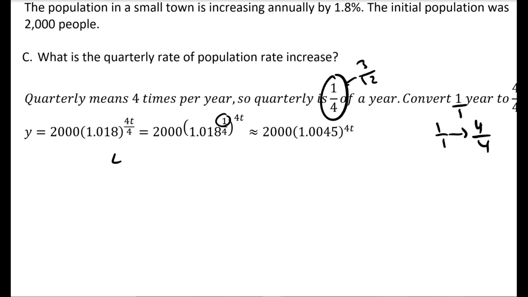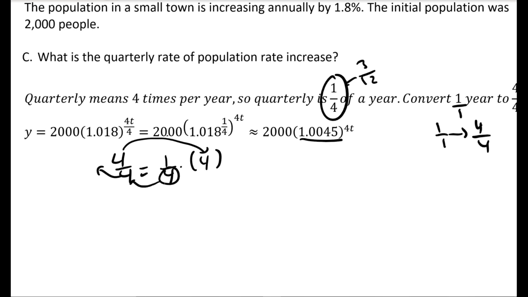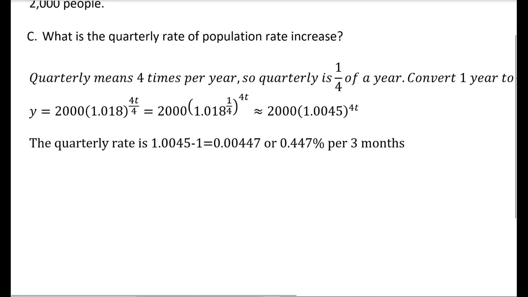So basically the 4 over 4 becomes, we can move that over, but if we move it over, it becomes 1 over 4, and then times the 4 from there. This is the 4 when we move that bottom one over to the other side. And so that's how we get the 1 over 4 right here. And then we do that on the calculator. We get 1.0045 to the 4t. Then we calculate the quarterly rate.